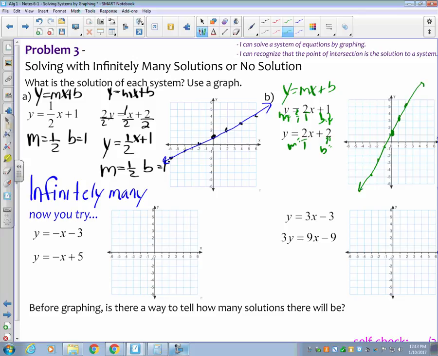There is my first line, and my second line is going to go through 2, and it's also going to have the slope of 2 over 1. Nice straight line. Because they have the same slope, they are parallel.